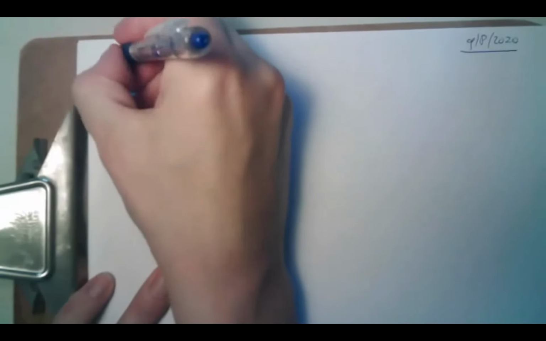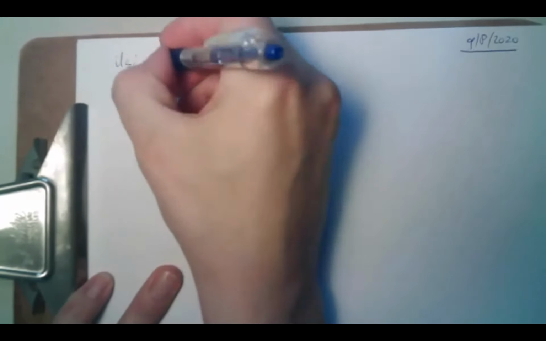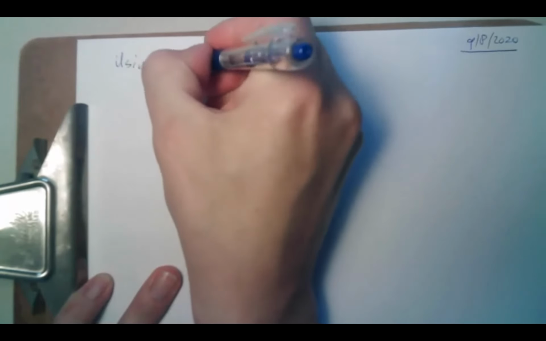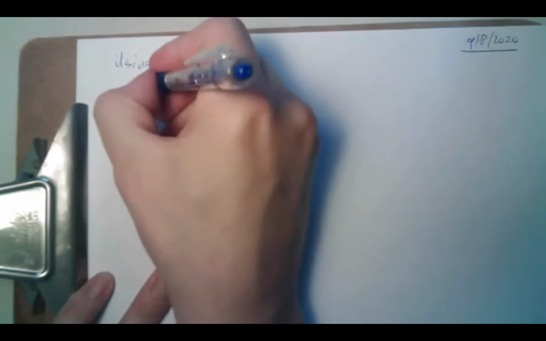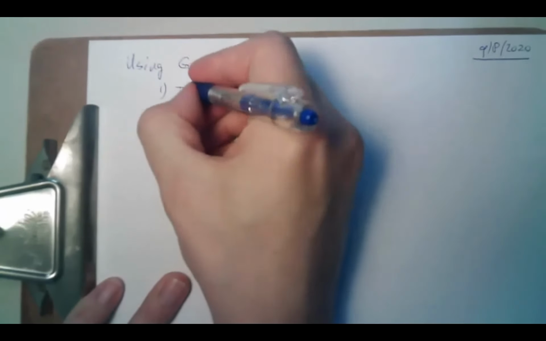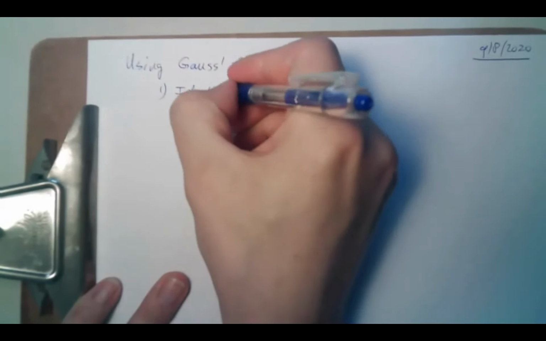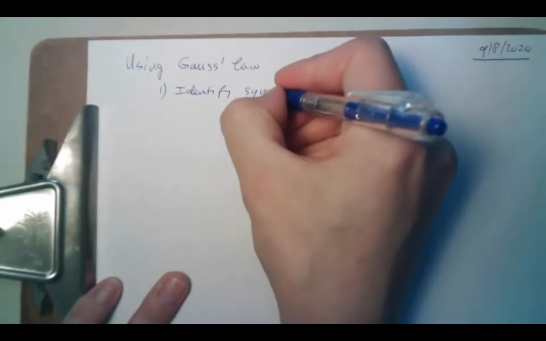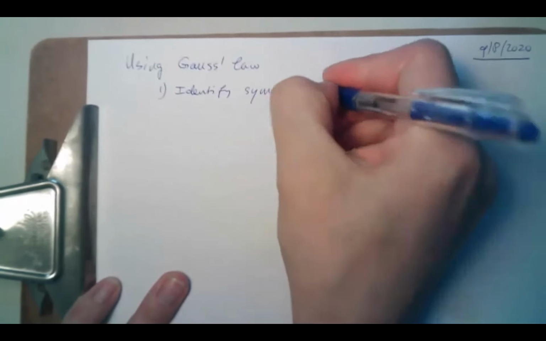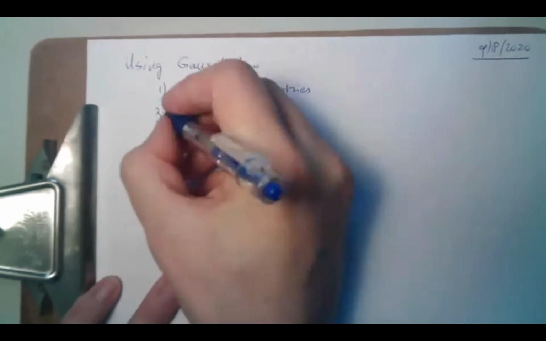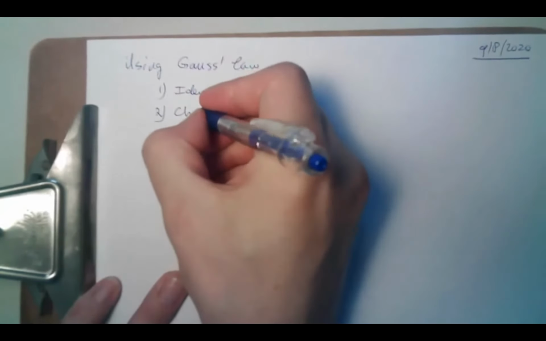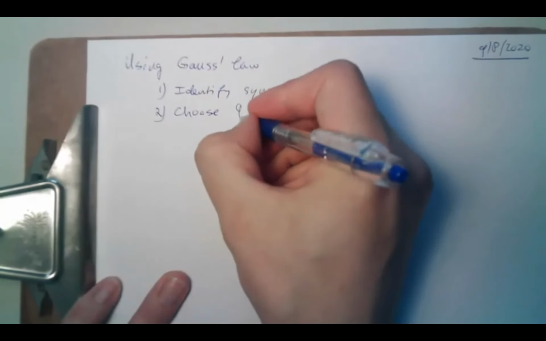So using Gauss's law, step 1, identify the symmetry. Sometimes plural. Step 2, choose Gaussian surface.